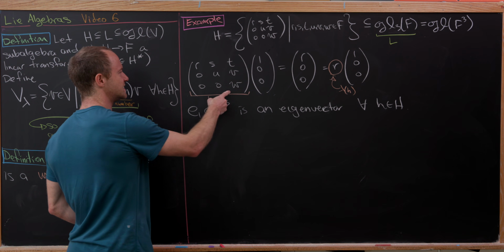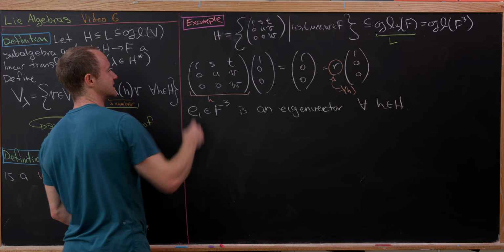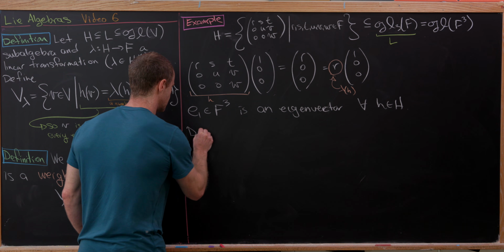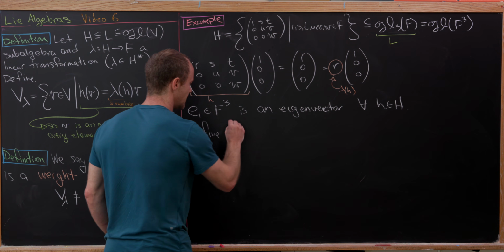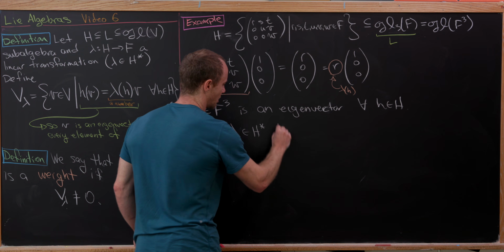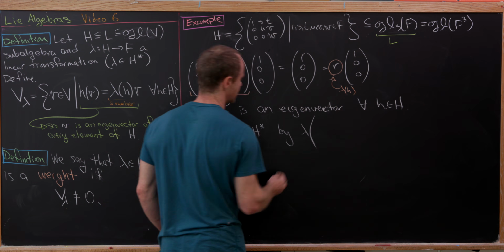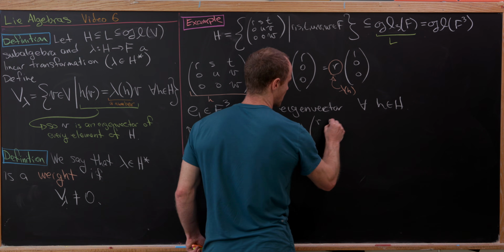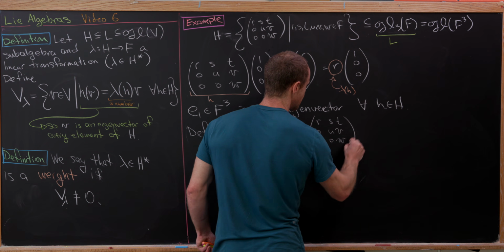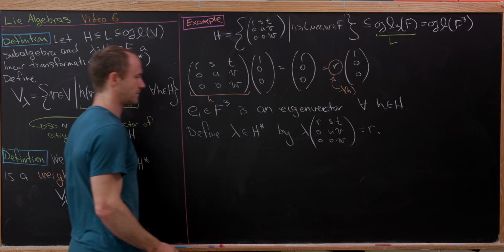But that's simply extracting this number r from the matrix. So let's define lambda inside of H star by lambda evaluated at the matrix (r, s, t; 0, u, v; 0, 0, w) to be the number r.